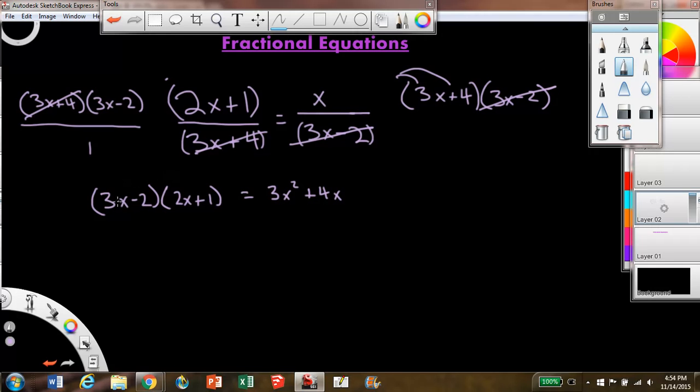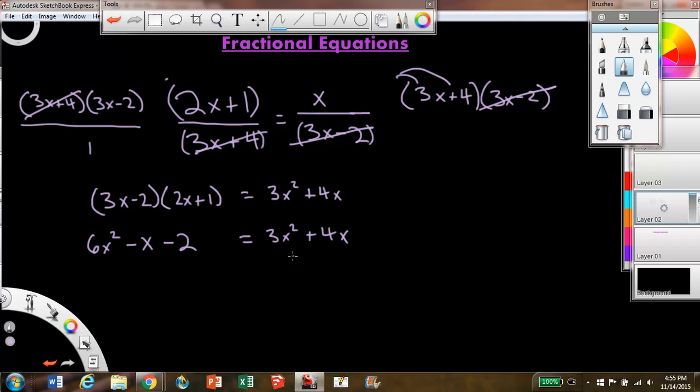So we're going to expand this expression on the left side of the equation. And that's going to be 6x squared, minus 4x plus 3x, so minus x minus 2. Because these are two binomials, I'm doing the FOIL method in my head. And over here we've got our 3x squared plus 4x.